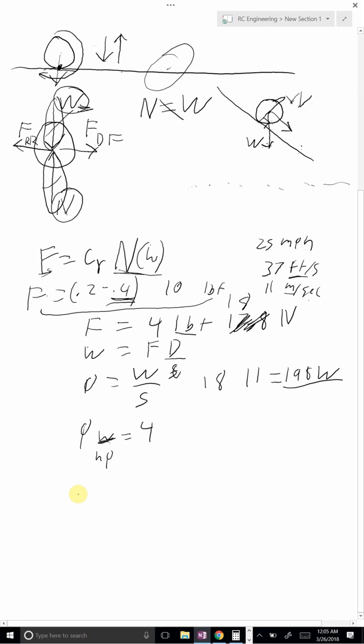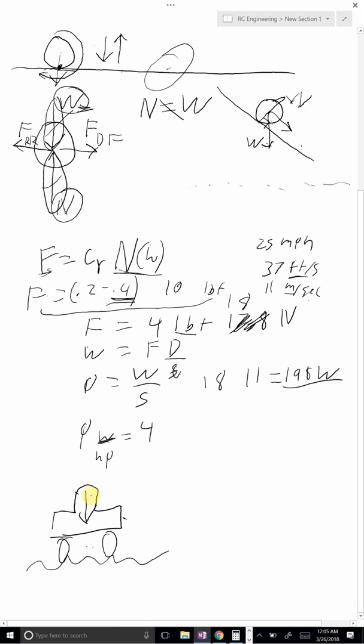So if you had your little RC car, and you're traveling on the sand, and this is our free body diagram, you have a normal force pushing up against you from the sand. In this case, we're traveling on flat sand, let's say.